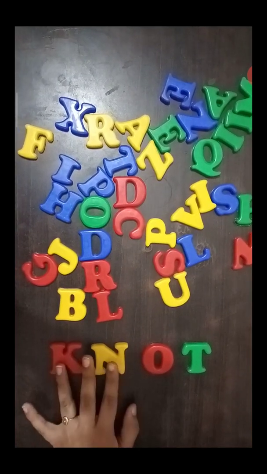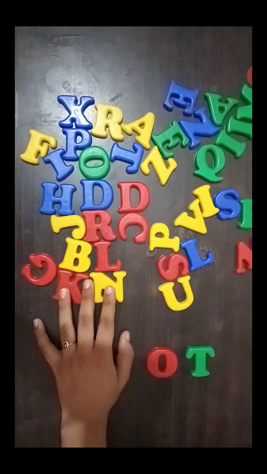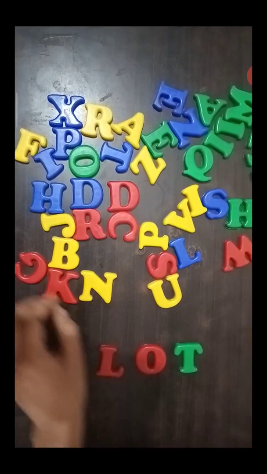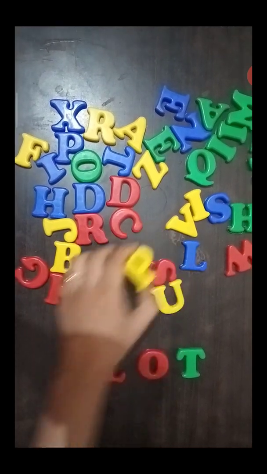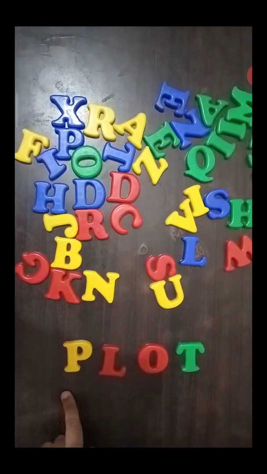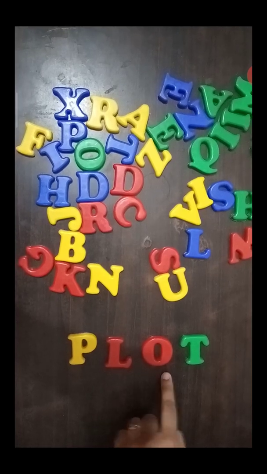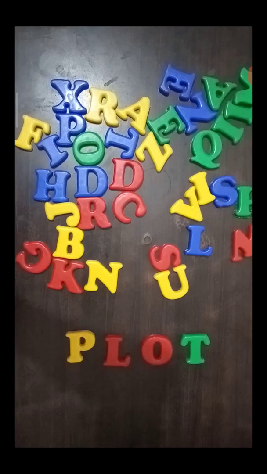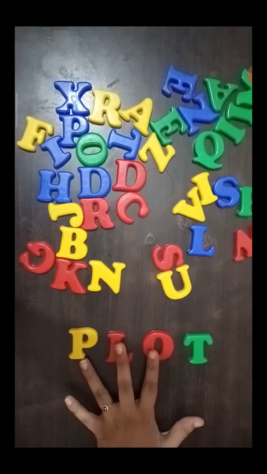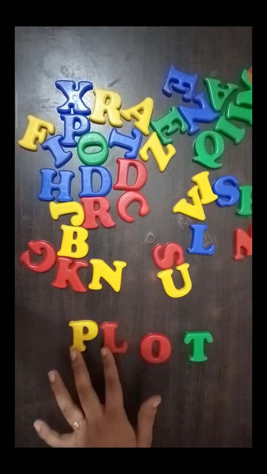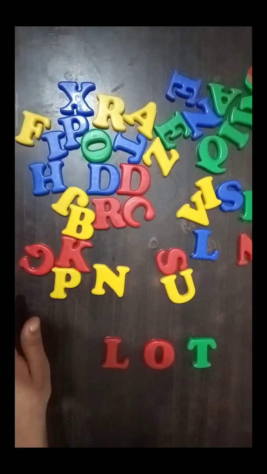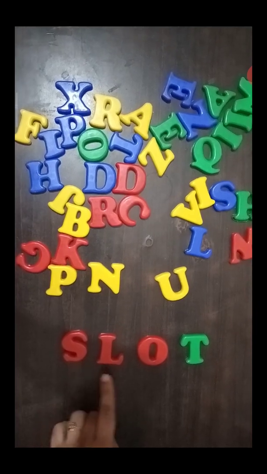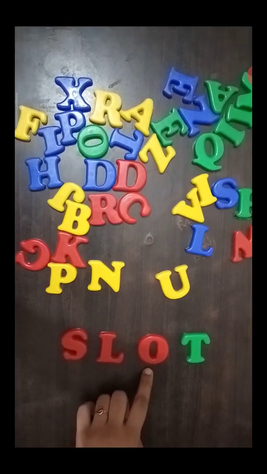Next students, find out the letter P and L. Very good. Find out the P. P-L-O-T, plot. Next students, find out the letter S and L. Make the word slot. S-L-O-T, slot.